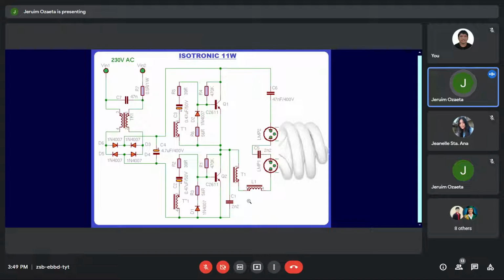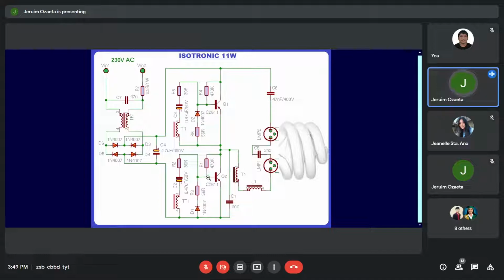an oscillation here at the L1 inductor 1 and then transformer 1, and this is seen at the base of the Q2. So the Q2 will push-pull with Q1 so that the resulting value will be at a high frequency oscillation. Bakit mangyayaring pati itong Q2 mag-oscillate?